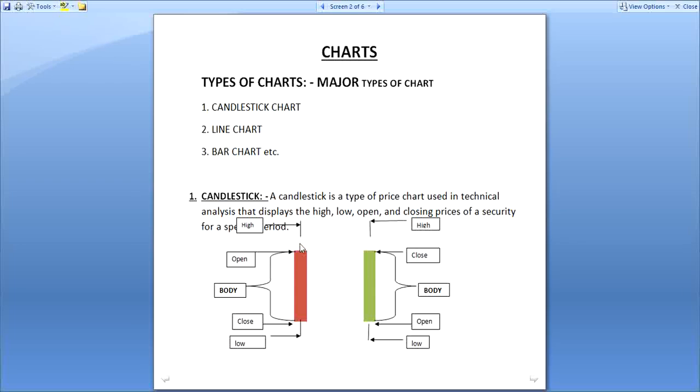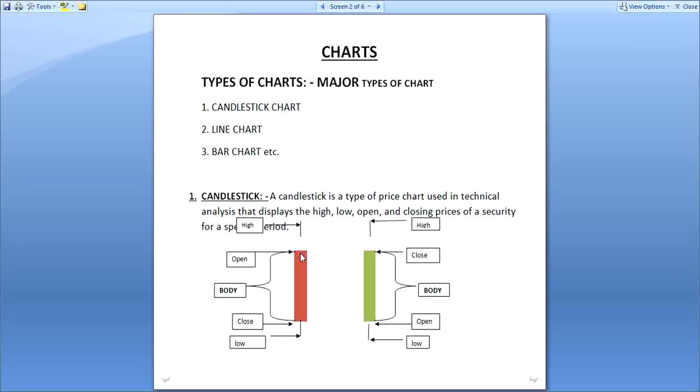So let's see what's in that. The red part is called the body of the candle, and the green part is called the body of the candle. And that wick is called a wick. It shows at what price the share went in that particular time period.